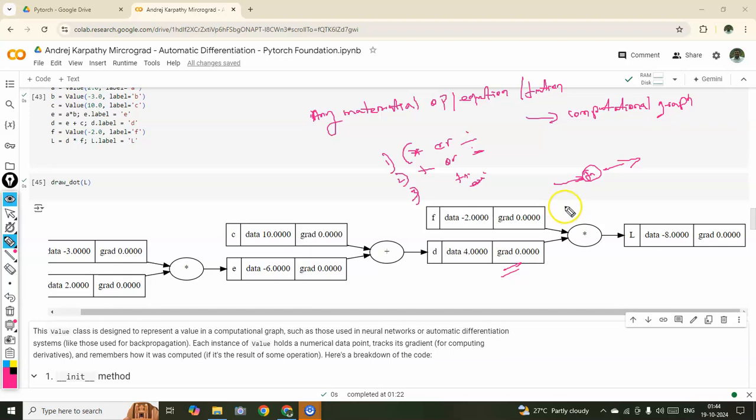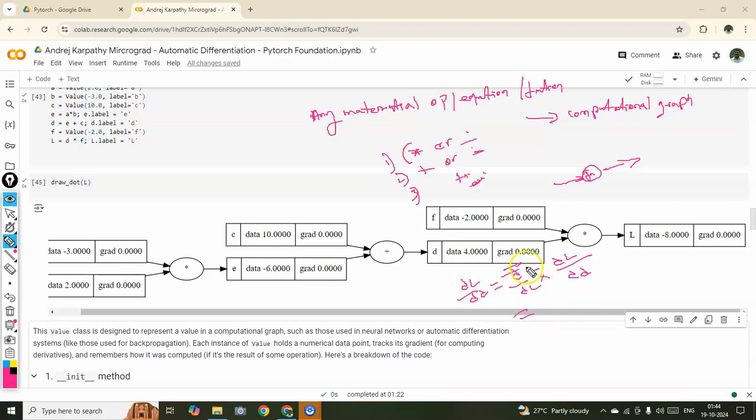As we have already seen, by applying the chain rule, we can calculate dl by dd. So dl by dl and dl by dd, this way we can calculate.